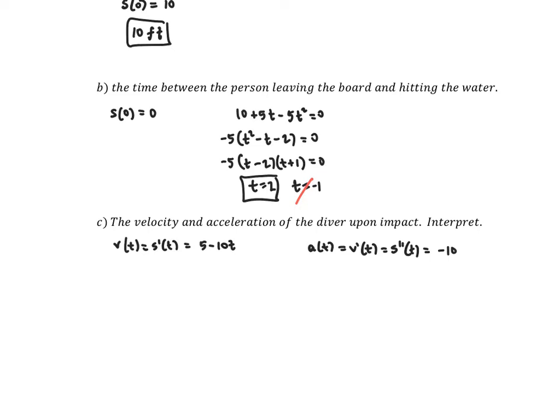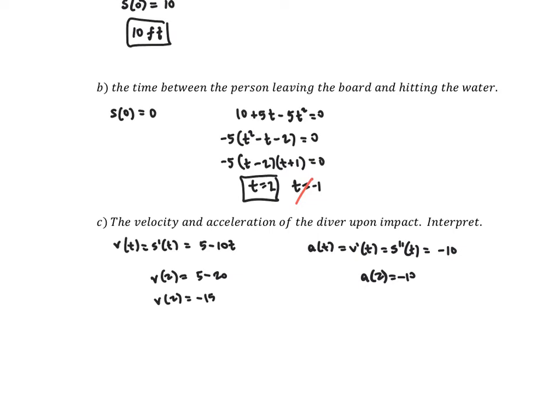Okay, so a of t, clearly on impact at 2 seconds, is going to be negative 10, and that'll be negative 10 throughout. Okay, v of 2 seconds will equal 5 minus 10 times 2, which is negative 15.